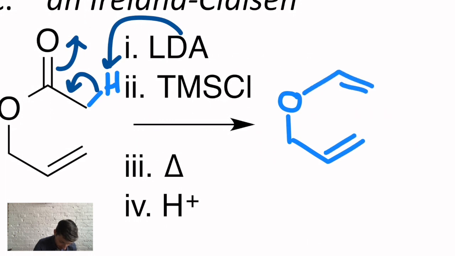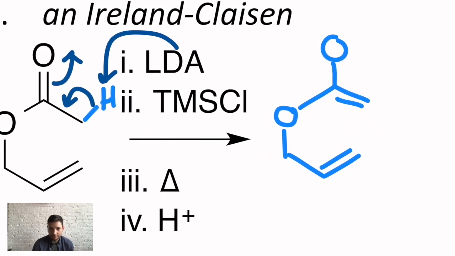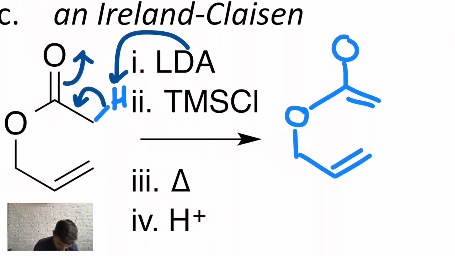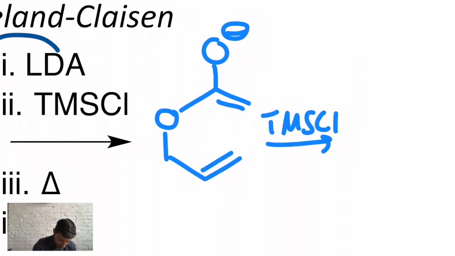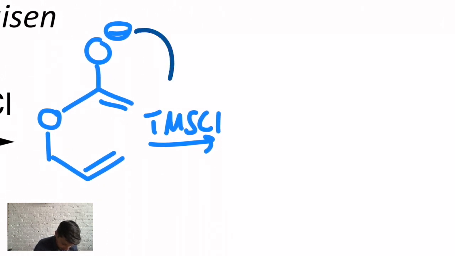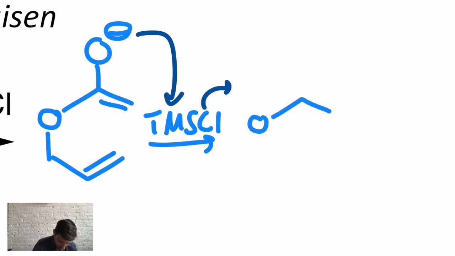And this was a clever way of getting a Claisen precursor, a Claisen starting material. There's your enolate. What does TMS chloride do? Well, TMS chloride acts as a silyl acceptor, a silicon electrophile, and you trap the enolate as a silyl enol ether.